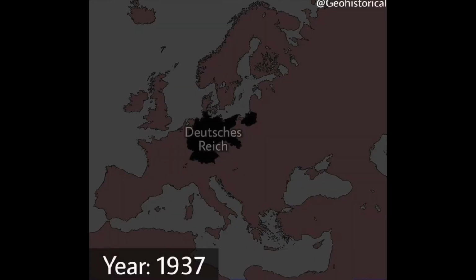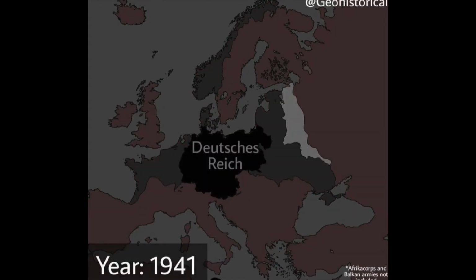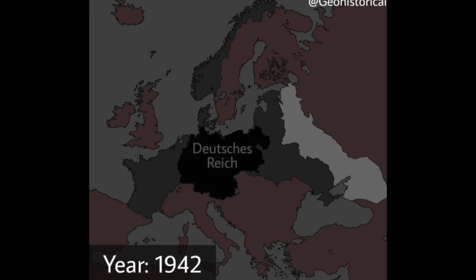So this is Germany's territory expansion. That's 1937, 1939 when World War II started. 1941, as you can see, Operation Barbarossa in full effect there. The height of their expansion in Nazi Germany was 1942. Just like the Japanese Empire, you can see Operation Barbarossa, and that really bright silverish color would be, I believe, the term is under military administration.